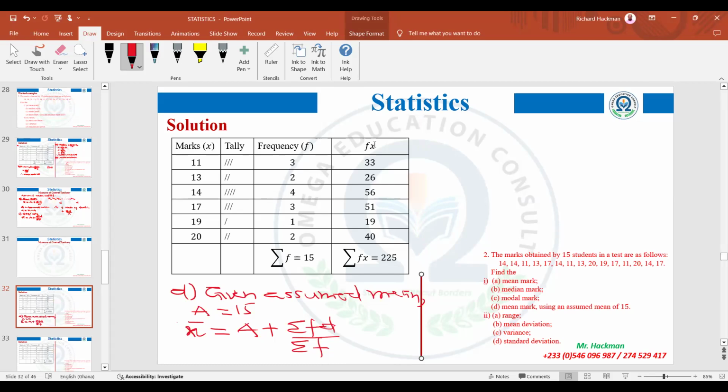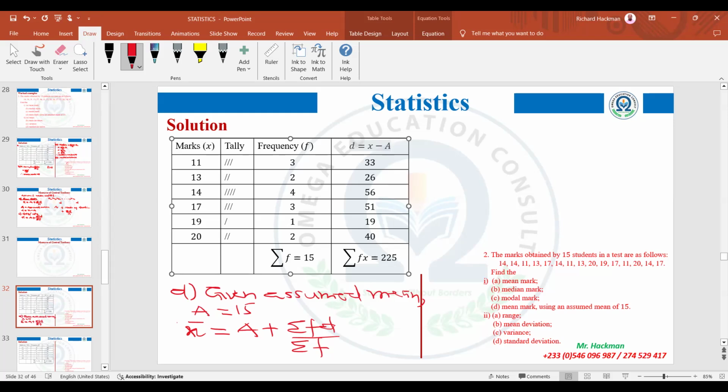This time around it will be D, your deviations. We know that D will be equal to X minus A, so X minus what you are assuming, A. Is my point well made?